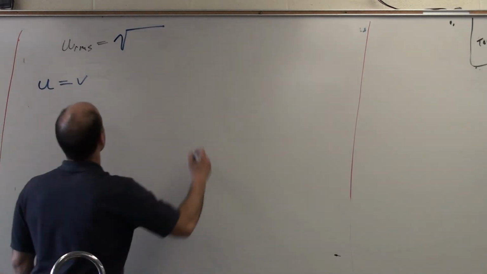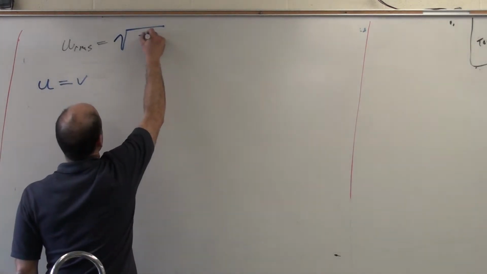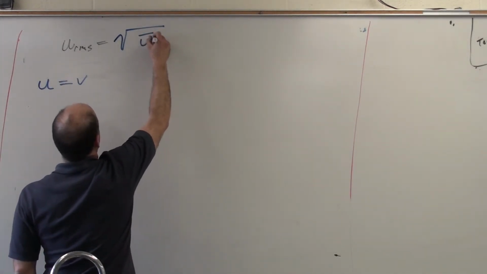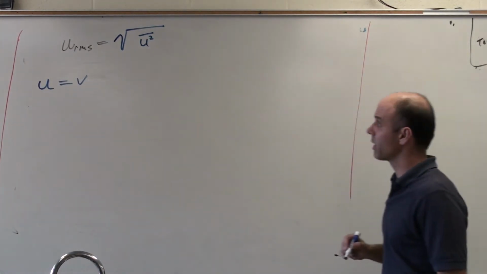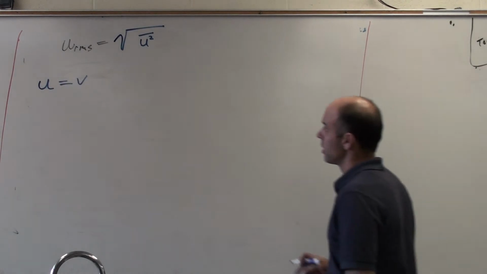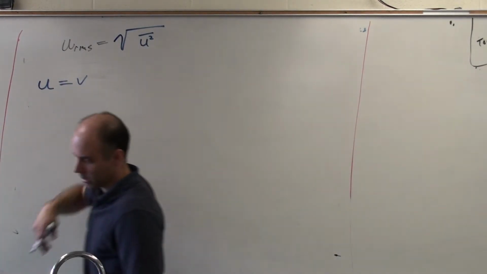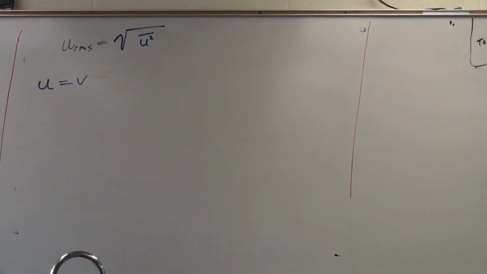So the root of the mean of the square. And in this case, u is the speed of the gas particles in your sample. So the average squared speed. And that is more predictive of how fast a gas will move or diffuse.